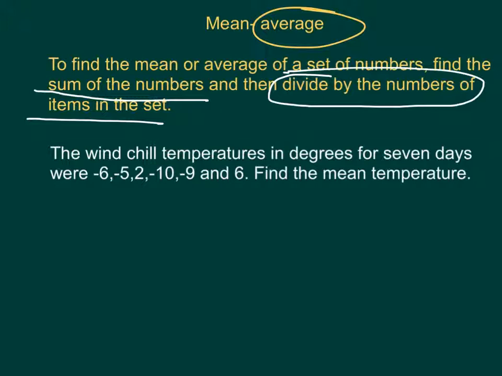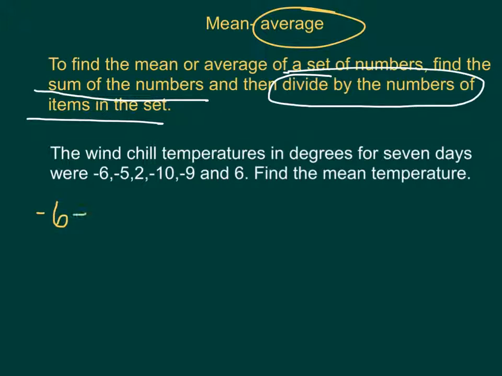So if we look at this example here, it says the wind chill temperatures in degrees for 7 days are -6, -5, 2, -10, -9, and 6. Find the mean temperature. So if we wanted to find the mean temperature for this, we first need to add all of these together.